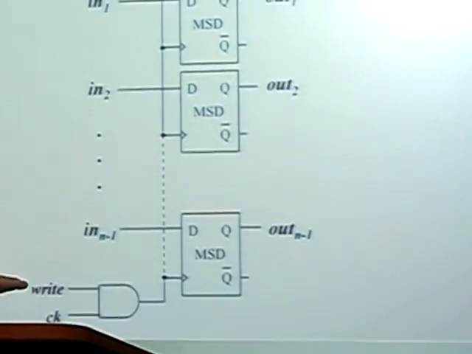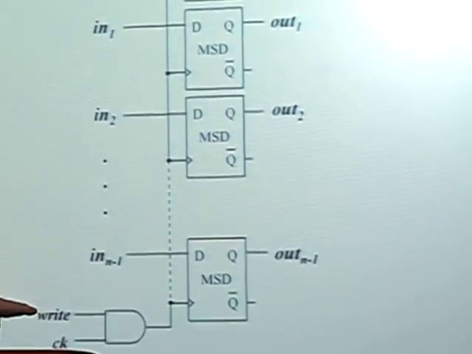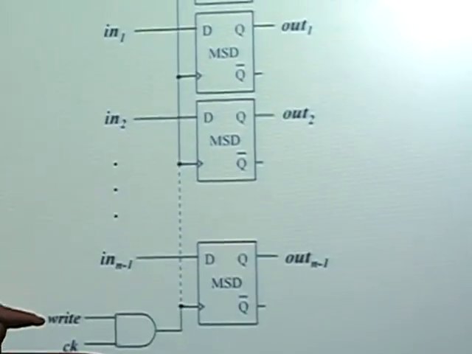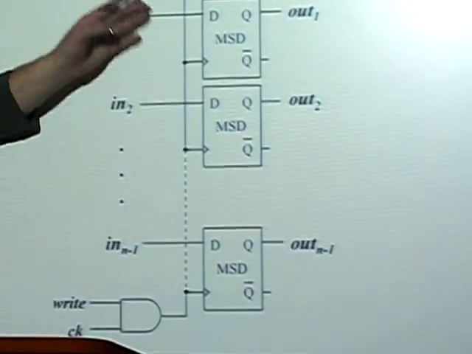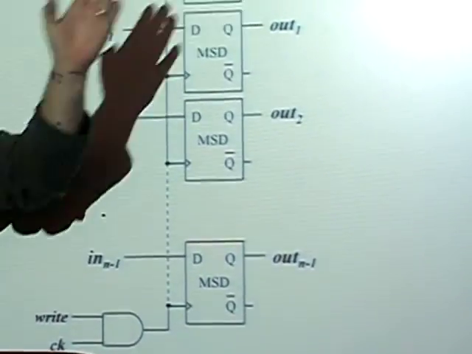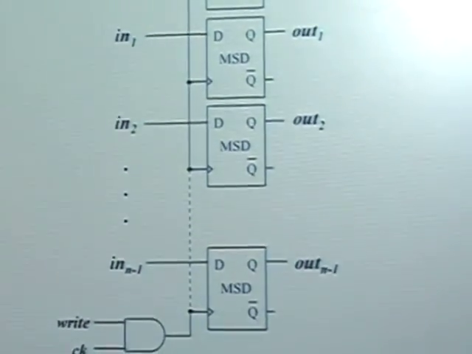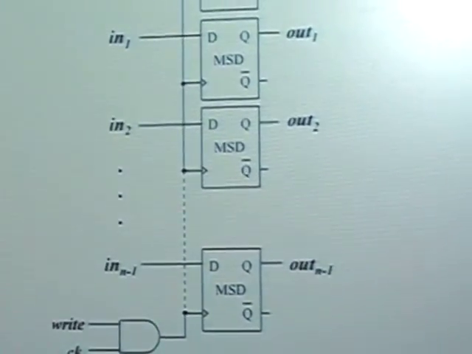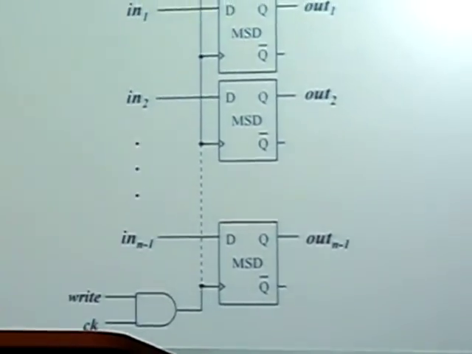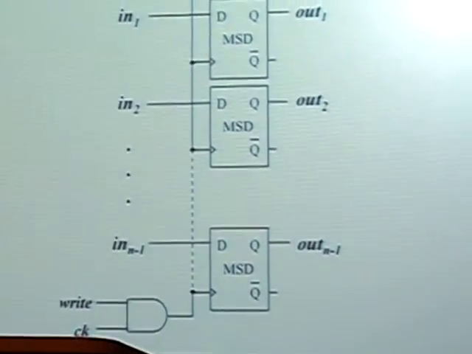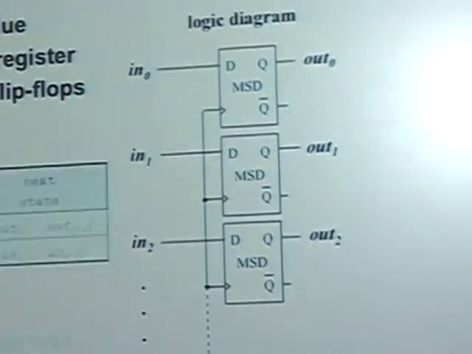Now, if write is asserted, then what happens when the clock strikes? The clock strikes, and it records whatever's here, and it shows up on the output. So that signal called write down there controls whether or not something gets recorded in this single 64-bit register. Does that make sense?